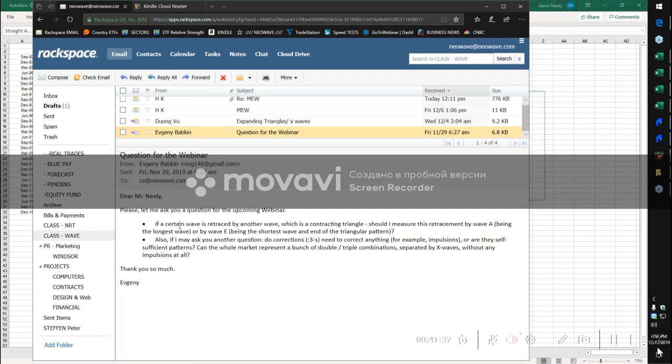Let's say you have wave A up, and the A wave of the contracting triangle is 80% of wave A. That's the amount of retracement, even though its conclusion might be around 61%. So as far as determining the previous move, if it's more than 61%, it's telling you the previous move was corrective, even if the triangle ends around 61% or less.